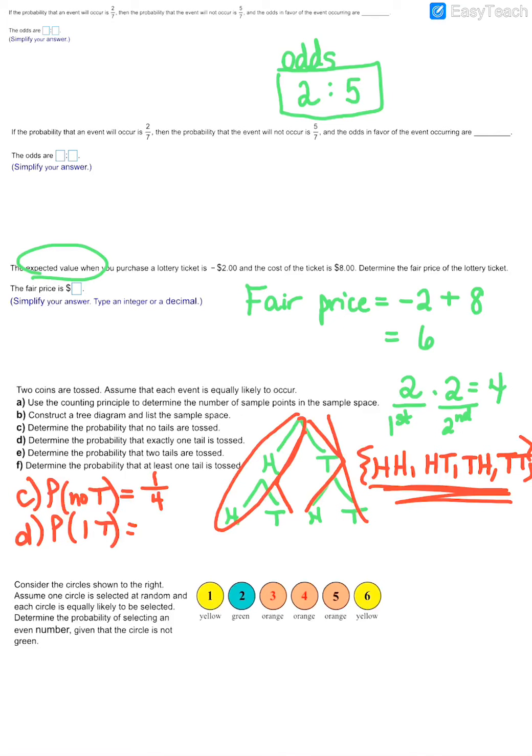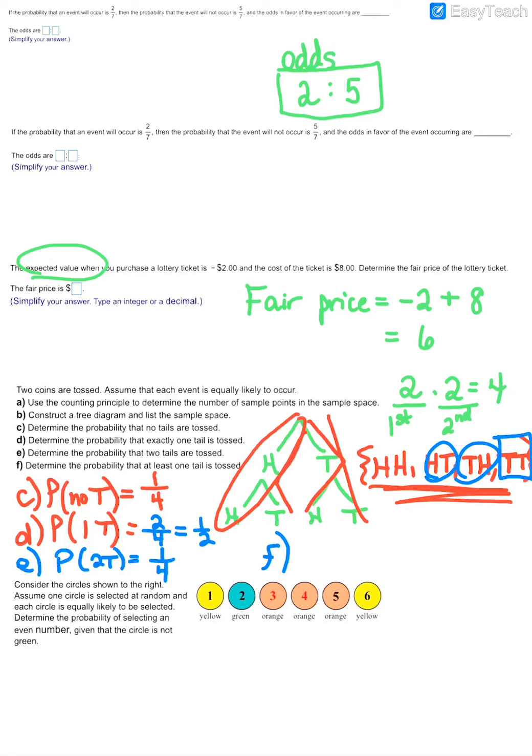When I'm looking at my particular sample space, I notice there are 2 outcomes out of the 4 that have exactly 1 tail. All right, part E wants to know what is the probability that I get 2 tails. Again, looking in my sample space, there is 1 outcome out of the 4 with 2 tails.